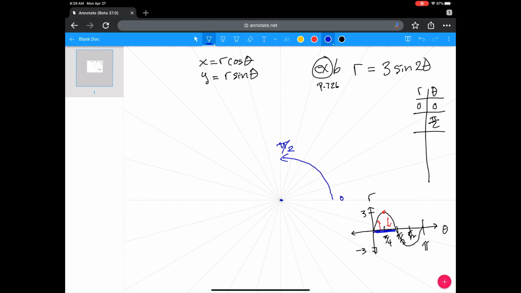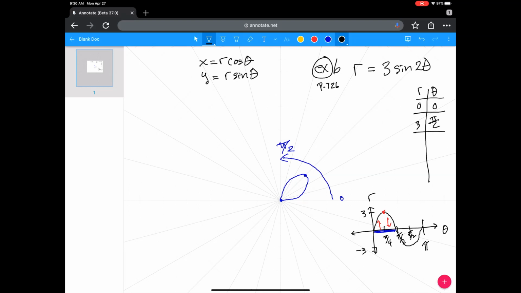So at 1, 2, 3, pi over 4, I'm at 3. I'm going to go out to pi over 3, and then I'm going to go back down to 0 as my angle is going counterclockwise from 0 to pi over 2. Pi over 2, I'm going to get a 3.